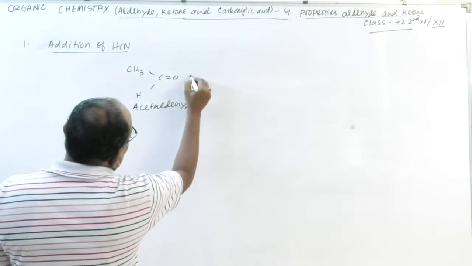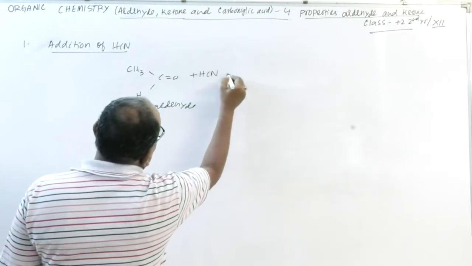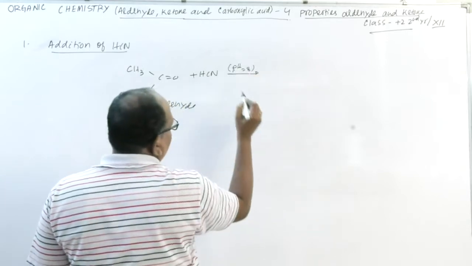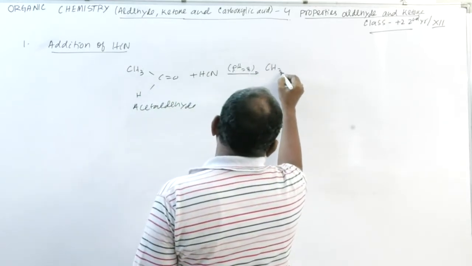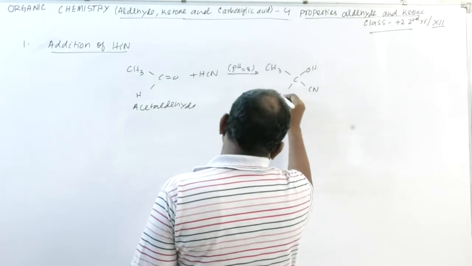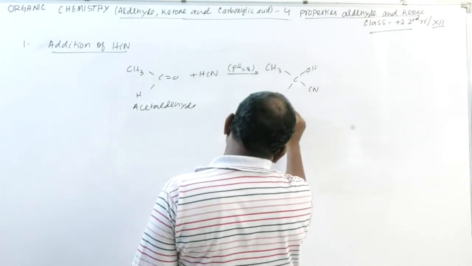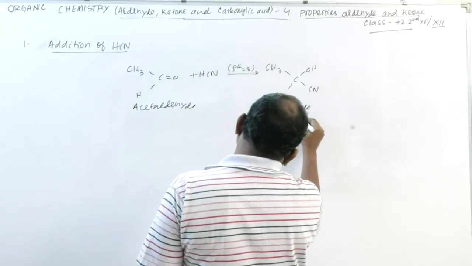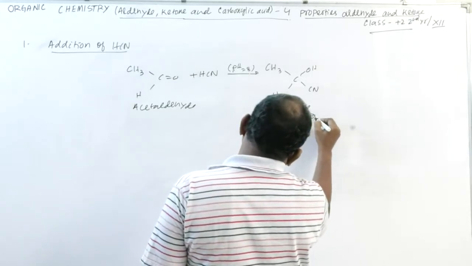Acetaldehyde added with HCN at pH 8 forms acetaldehyde cyanohydrin.